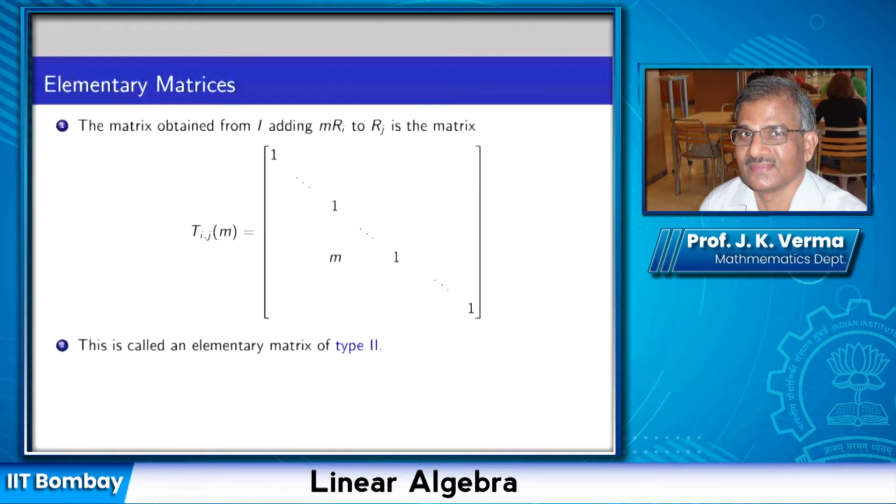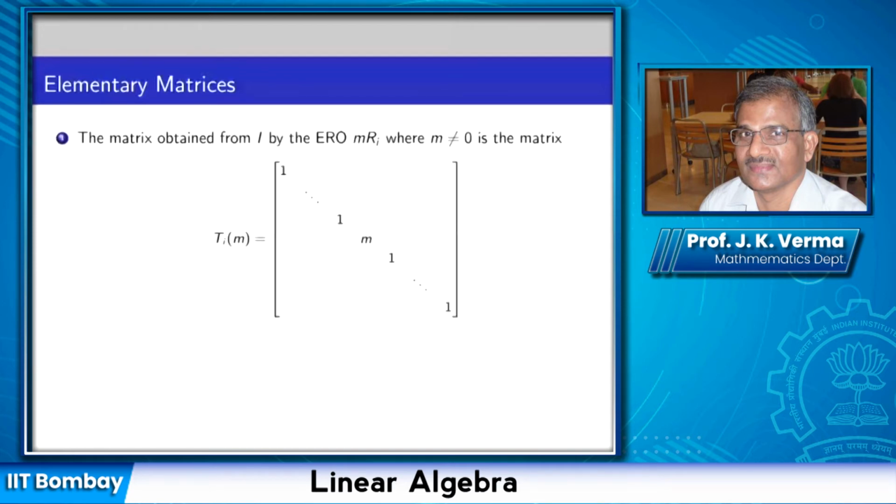Let's look at the third type of elementary matrix. This is obtained from identity by the elementary row operation m times Ri, where m is not equal to 0. This is an invertible matrix. What is the inverse? It's a diagonal matrix, and we know that if I have a diagonal matrix, then to find the inverse, we simply multiply by the matrix where ith row has 1 over m in it.